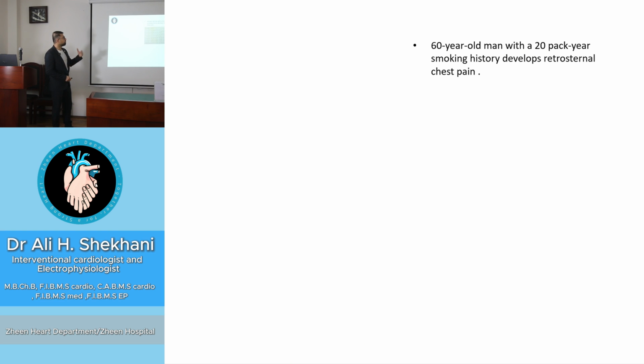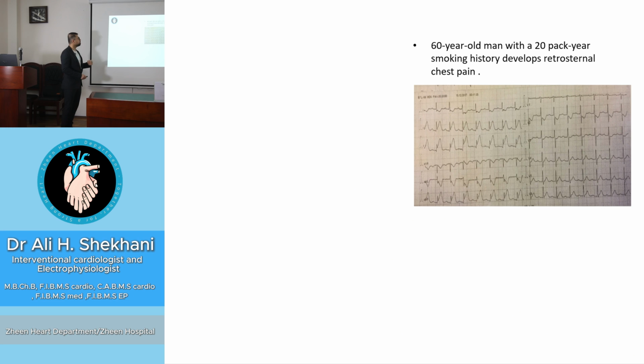We have this 60-year-old patient with a history of smoking who developed retrosternal chest pain. You can appreciate in this ECG that the patient has ST elevation myocardial infarction, especially in the inferior leads.